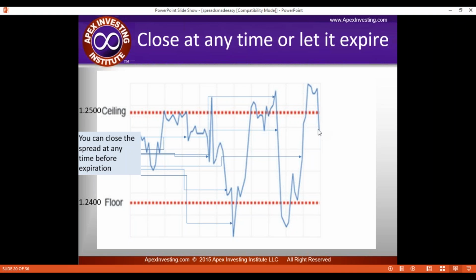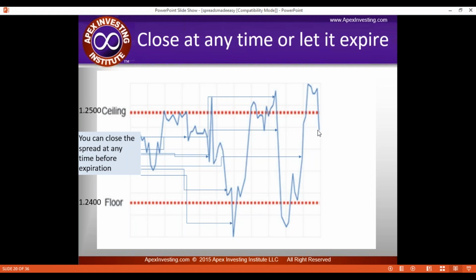or let's use a different example. Right here when it expired, this thing expired at about 24.80, say. All right? Let's say that I bought this spread at 24.85, thinking the market was going up. But the market went down 5 pips and it expired at 24.80. So I bought it at 24.85.